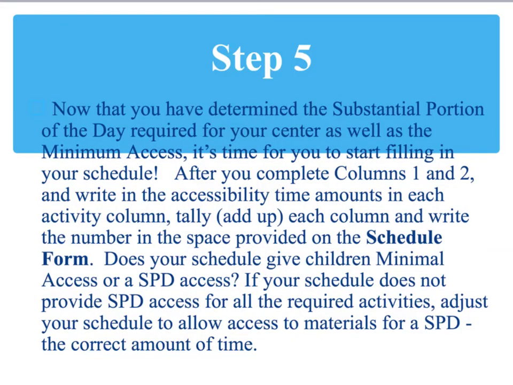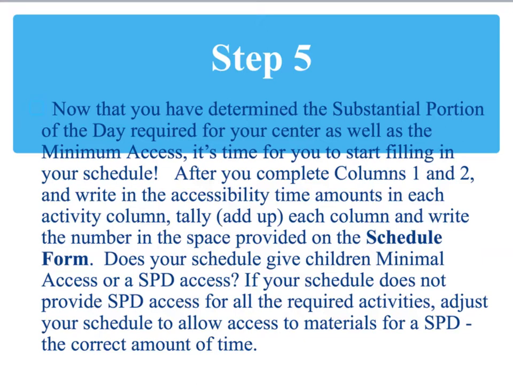So now that you have determined substantial portion of the day and minimum access, now you can start filling in your own schedule. After you complete columns 1 and 2, you write in the time amounts for each one of the activity columns. Then you're going to add up each column and write that number in that top row where it asks you to tally your own amounts.